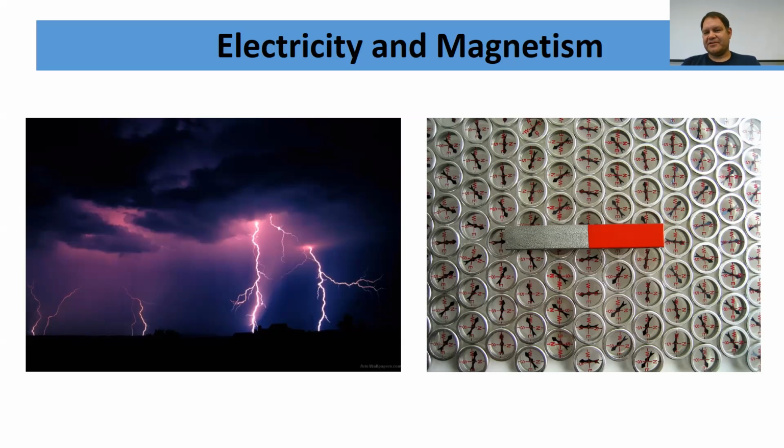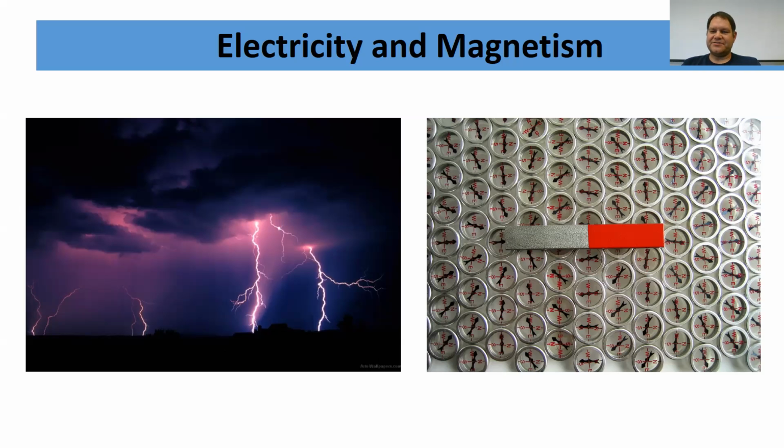Magnetism is also characteristic of matter, and it is a force that radiates out of particles, but it's not a force of charge. It's a force of positive and negative magnetic poles. And we're not going to talk a lot about that in this course. You can get more about magnetism in physics.